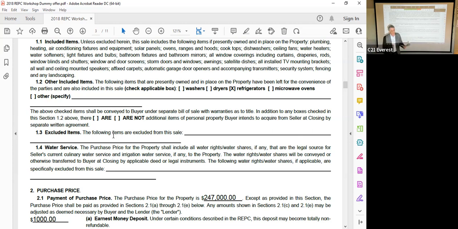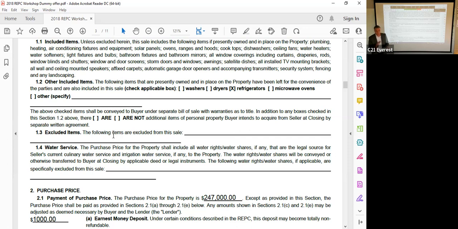For you guys on Zoom, if you can't hear something, I will always repeat. So what Chad said is correct. This is why I put it on there and did it this way: the MLS says the refrigerator is excluded, but the contract says it's included. Something to keep in mind is which one controls. The contract, right?